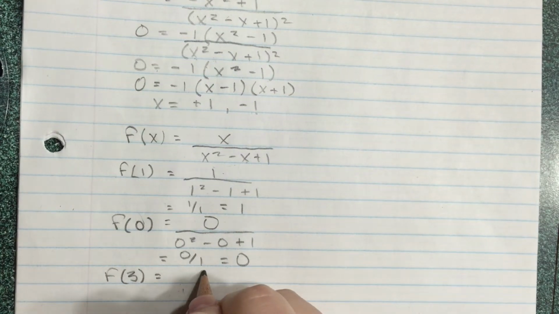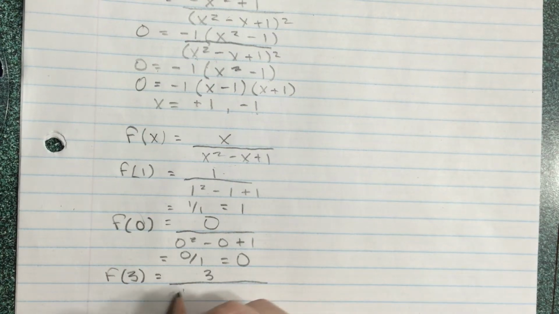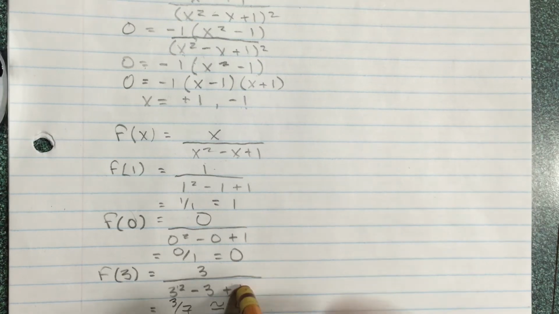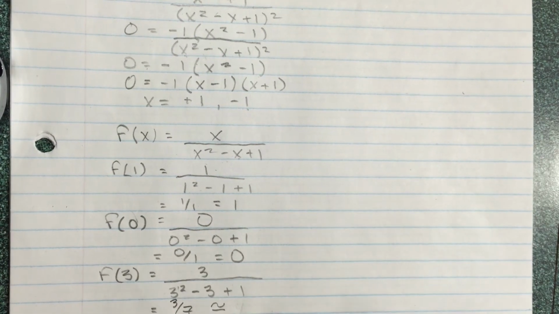So f at 3 is equal to 3 over 3 squared minus 3 plus 1. So the bottom term, 3 squared is 9, minus 3 makes that 6, plus 1 is equal to 7. So we have 3 over 7, and that's approximately equal to 0.43.